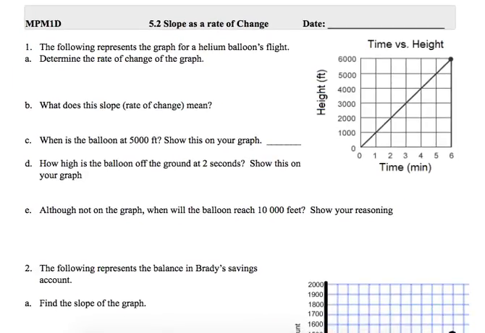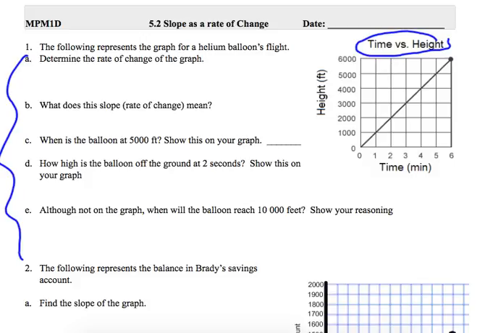So this one's just working with rate of change. There are just going to be a couple of graphs like they're given here, time versus height, and then you have to answer a few questions. It says determine the rate of change for the graph. So just see what's happening. For every minute, how much is your height increasing? Okay? That's kind of the gist of this worksheet.